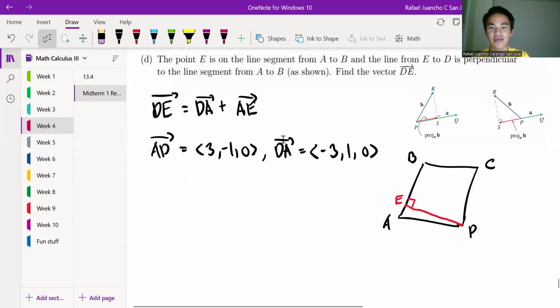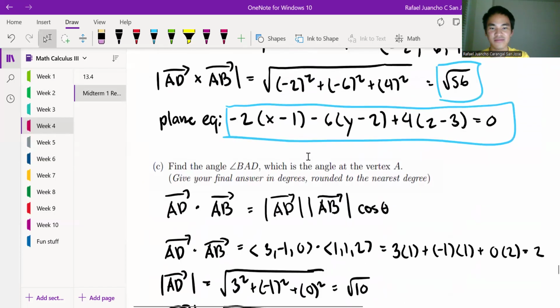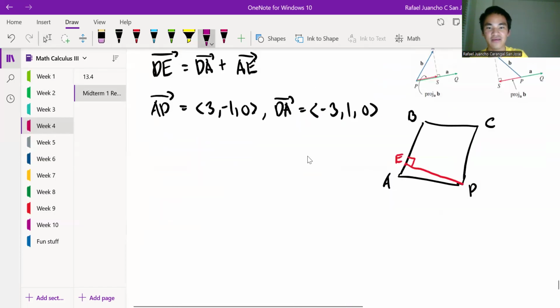Now I need to find AE. Do I have AE here? No. How do I find AE? How do I find this thing? Well, AE is a projection from AD onto AB.